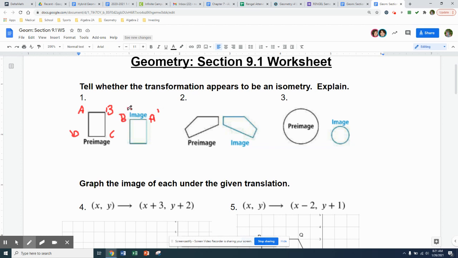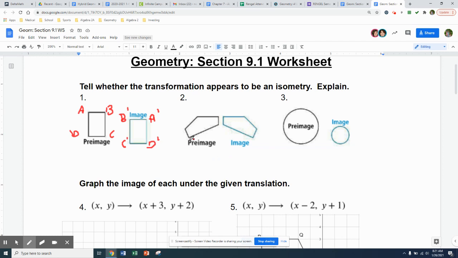So A prime, B prime, C prime, D prime. That communicates to you, if there is no word image or pre-image anywhere, so you don't know which one is which, the primes are going to signify where the figure is after the transformation. So after the transformation, we'll use those primes.